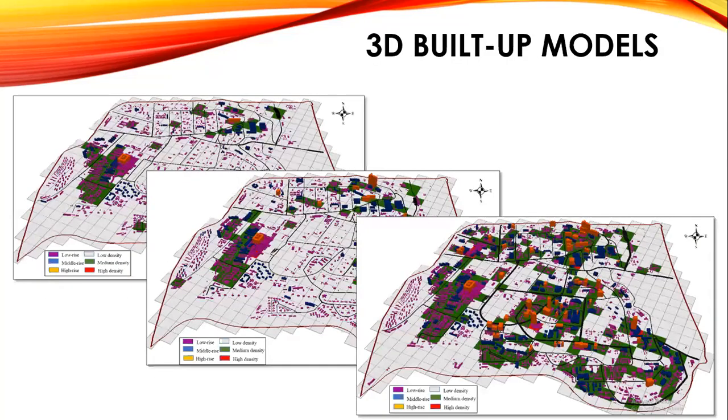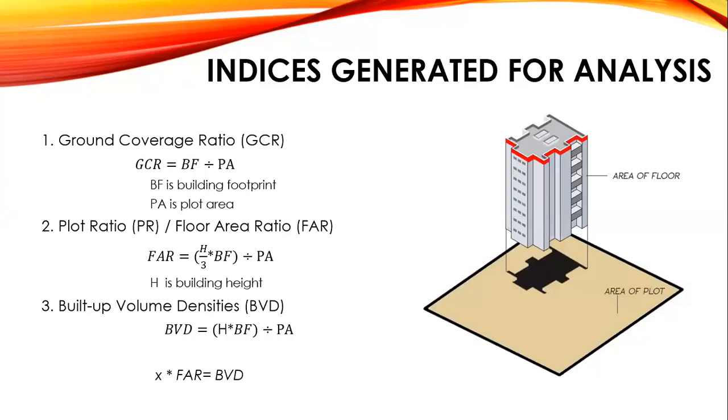Some of the indices that are generated: though there's a bit of mathematics, this is just to explain that we are planning for an area, let's say plots of land.